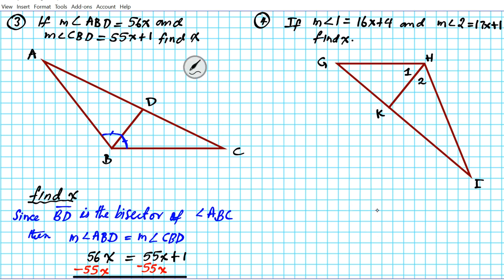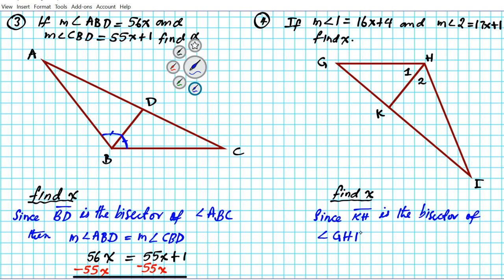Now, let's go ahead and find x. So in order to find x, let's express a relationship between these two angles, angles 1 and 2. Now, since segment KH is the bisector of angle GHI, what does that tell us?